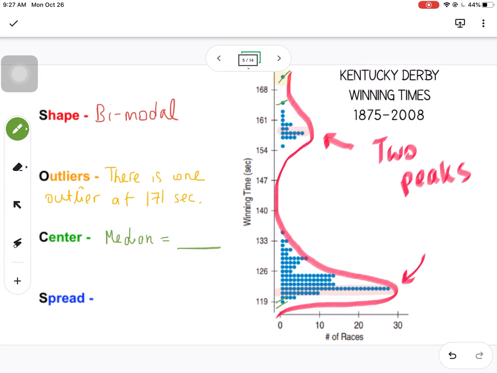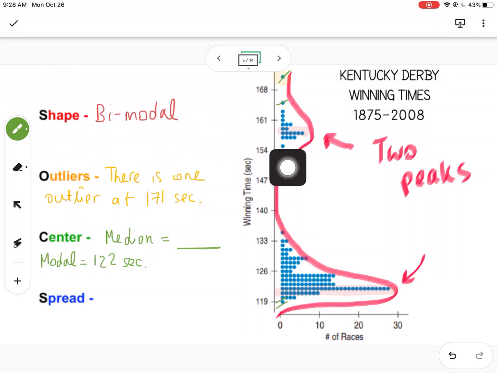We have two modal groups. It looks like our first modal group is at 120, so that's 26, 25, 24, 23, 22. So it looks like one modal group, which means the highest bar for that part of the data, is at 122 seconds.